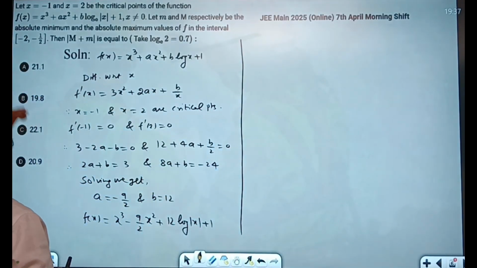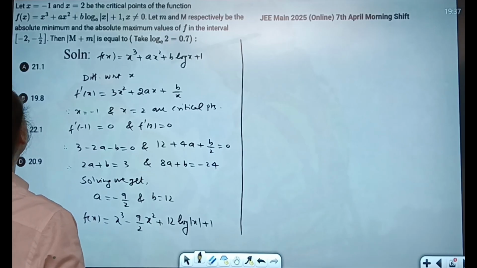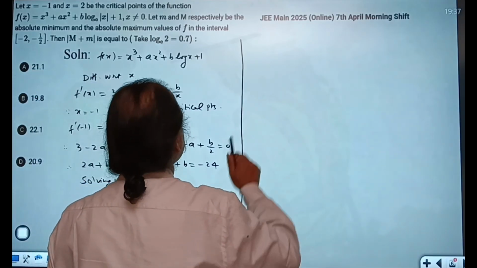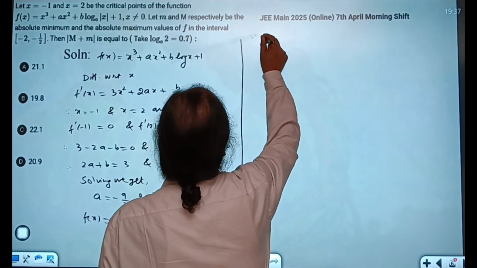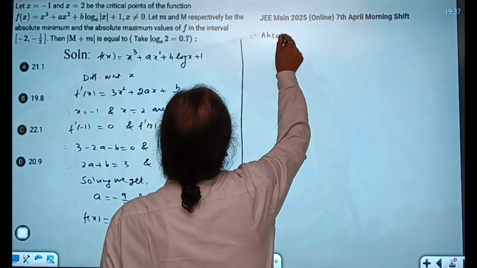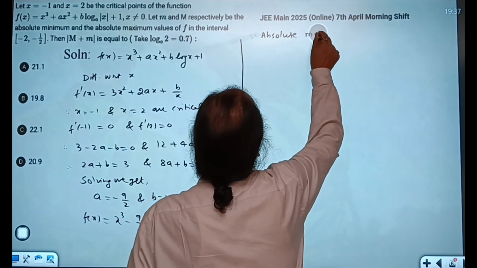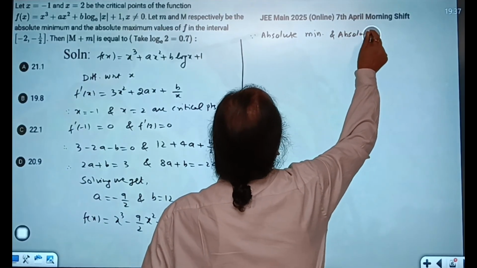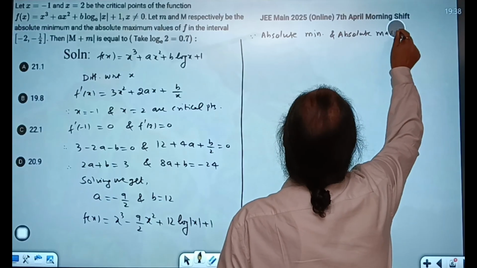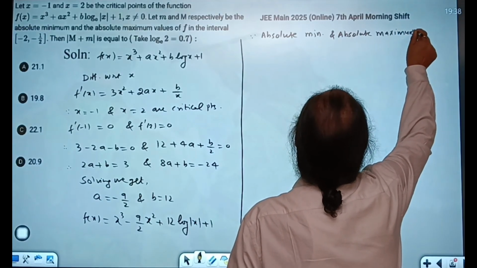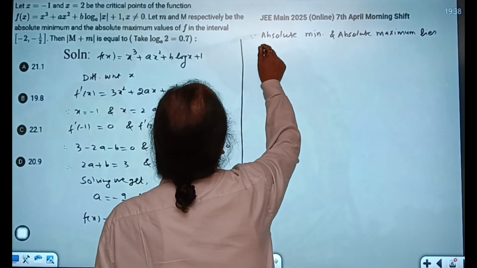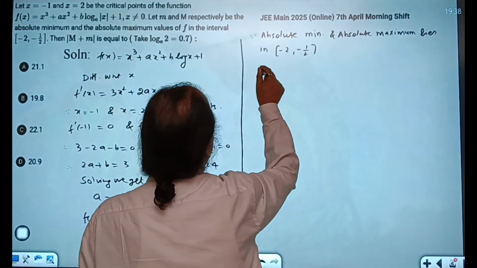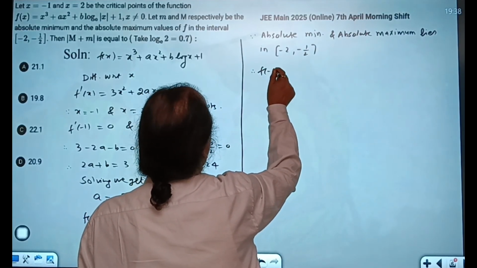Since the absolute minimum and absolute maximum value of f lie in the interval minus 2 comma minus half. Therefore, f of minus 2 is what?